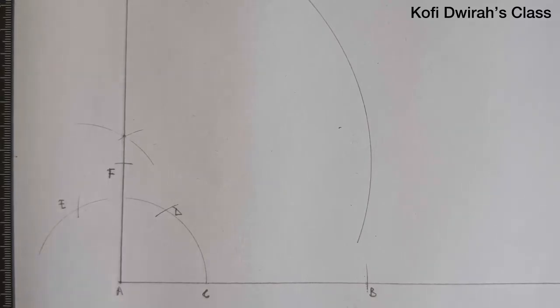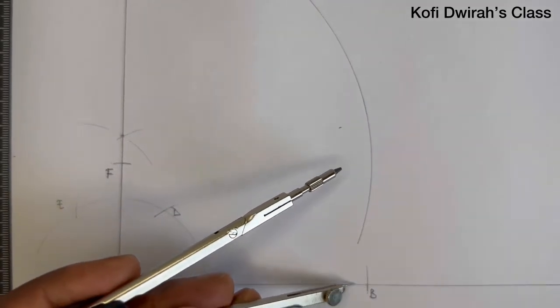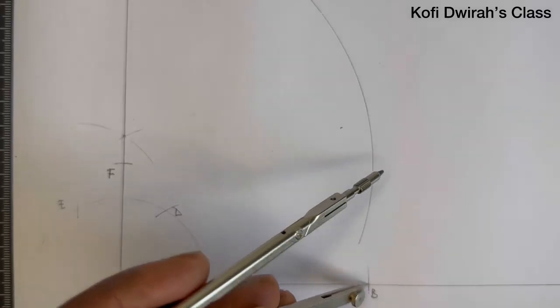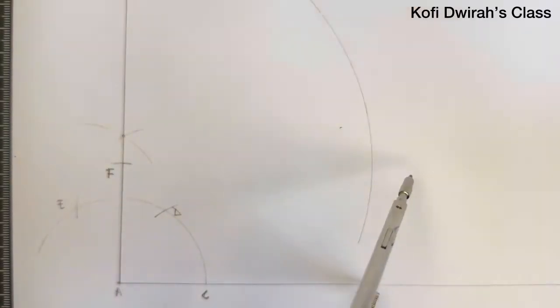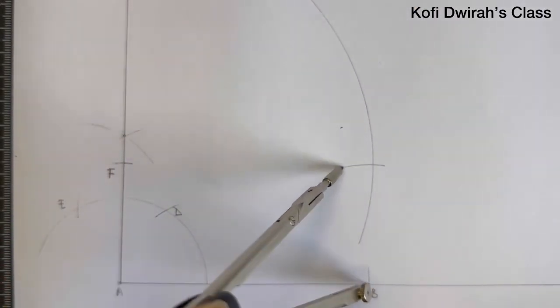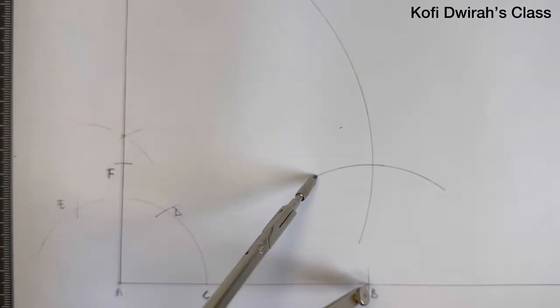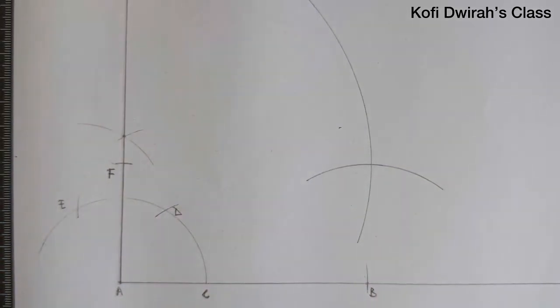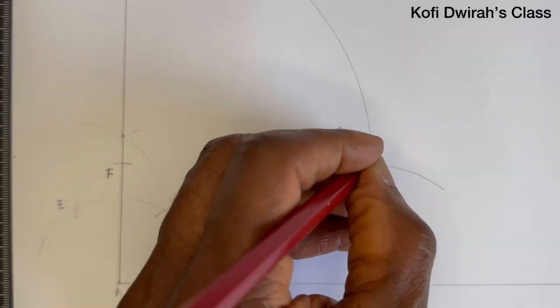Then after drawing this arc, you measure AF, which is 50 millimeters, that is the other side. Then after measuring 50 millimeters or 5 centimeters, at point B, you draw another arc. Now we have point G.